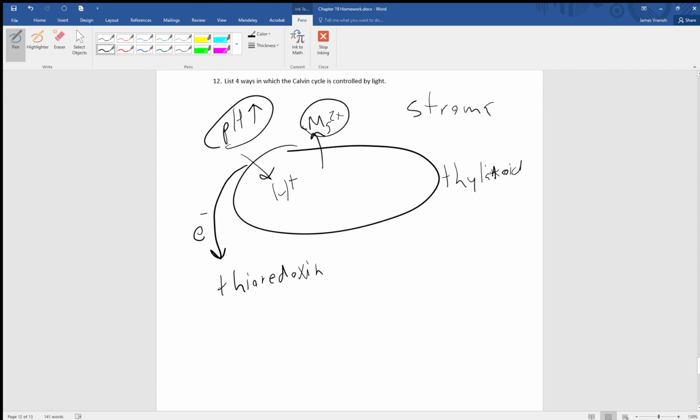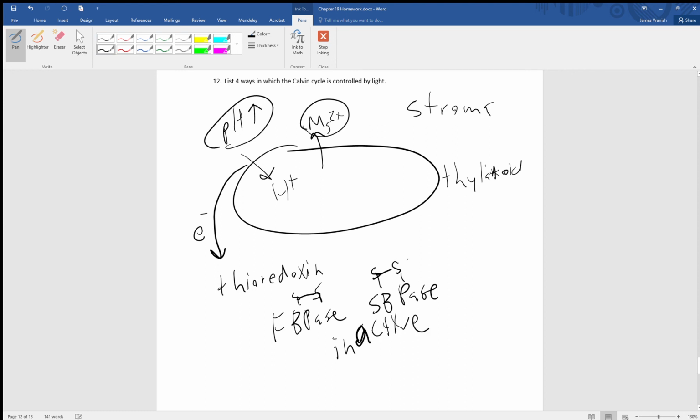And thioredoxin can take certain enzymes in the Calvin cycle, enzymes such as FBPase and SBPase, which are two phosphatase enzymes actually. And when they have disulfides on them, they are inactive. So if they have disulfides, they're inactive.